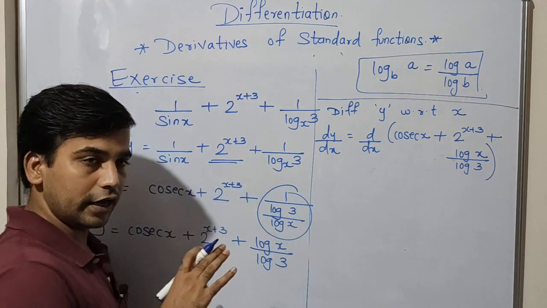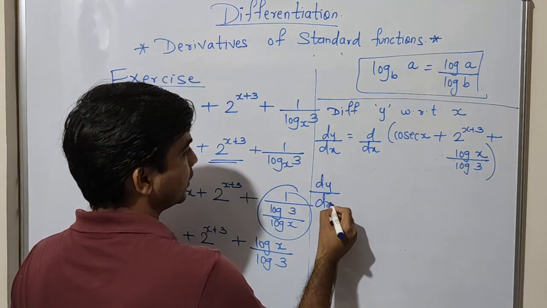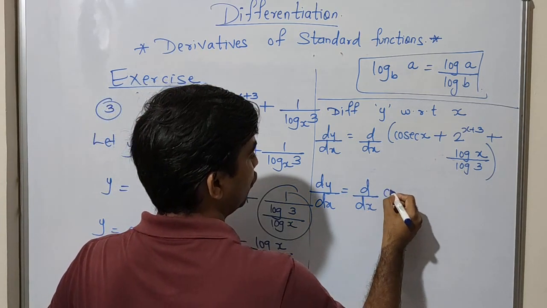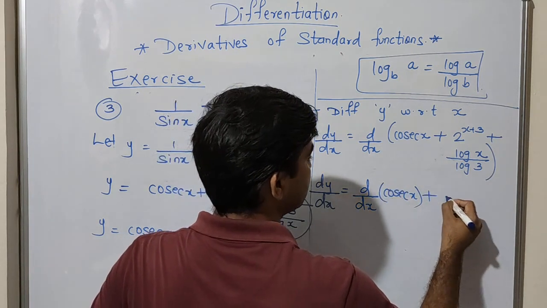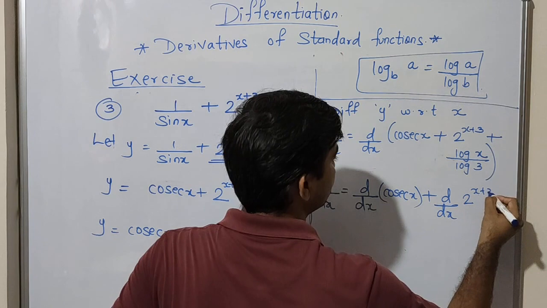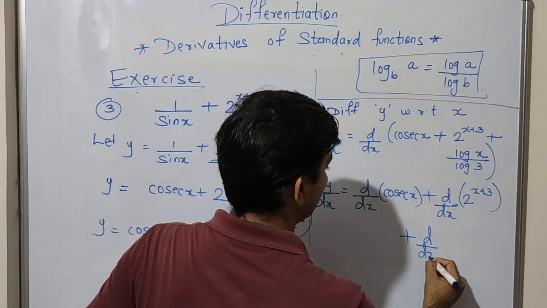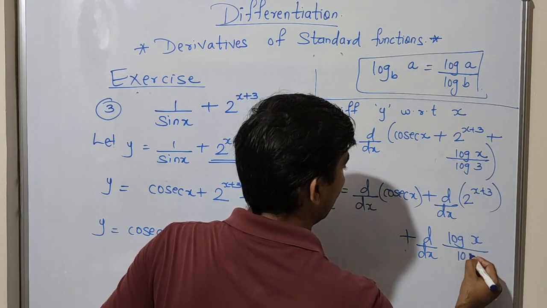Now using the sum rule you can separate them. So dy by dx is the derivative of cosec x plus the derivative of 2 raised to x plus 3 plus the derivative of log x upon log 3.